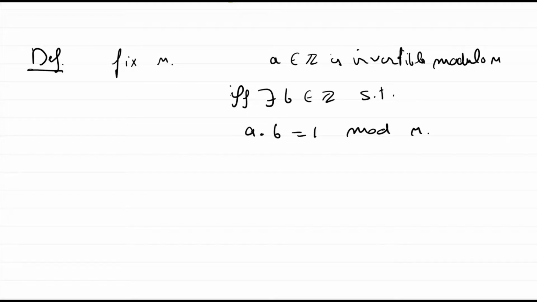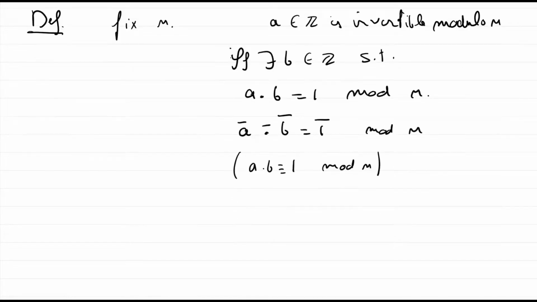Or equivalently, in the better notation, a bar times bar b bar equals 1 bar mod n, which is equivalent to saying that a times b is congruent to 1 modulo n, or a times b minus 1 is divisible by n, or when I divide a times b by n, I have a remainder 1. All those things are just saying the same thing in different ways.